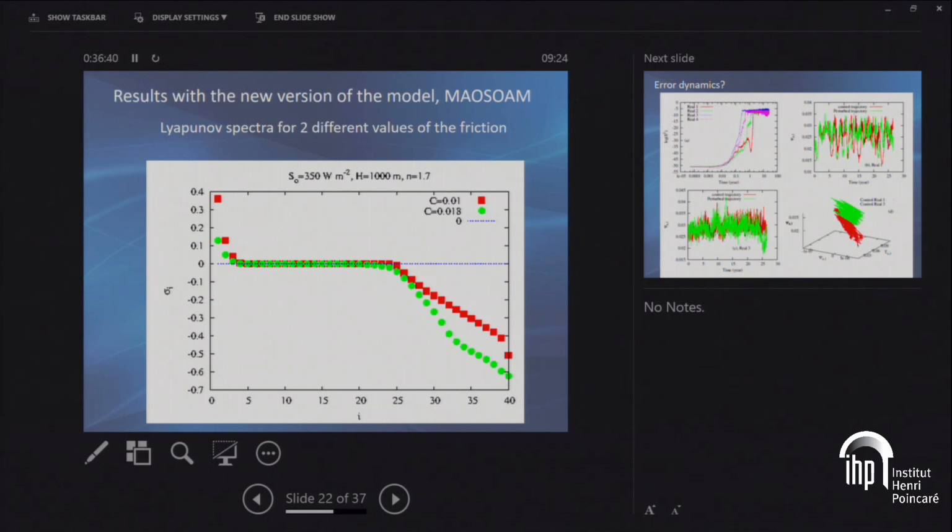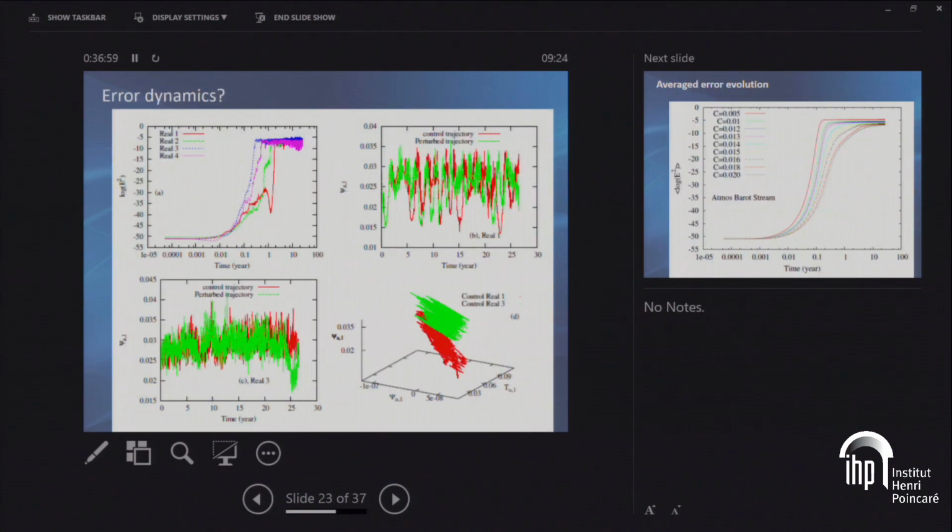So here you have the Lyapunov spectrum for different friction coefficients. Again, you have a chaotic solution, and you have a large number of exponents that are very close to zero. But what is really interesting to look at is the error evolution in time.